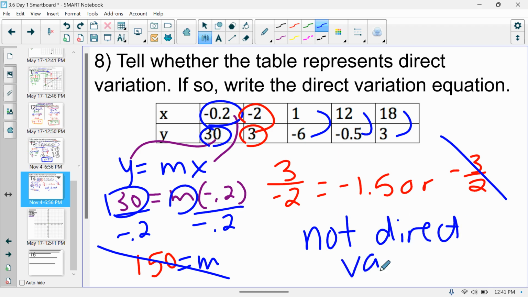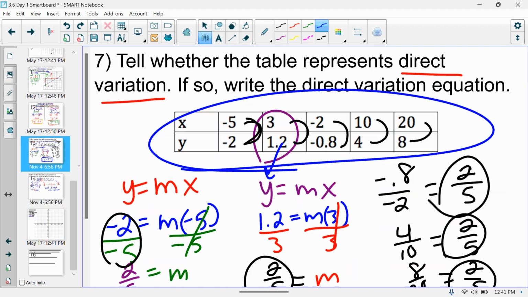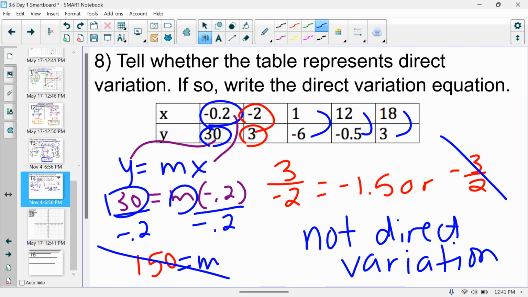Because again, if we go back to the last one, that constant of variation is what it's called. That 2/5 that we got every single time, that's what makes it direct variation. We didn't get the same thing this time, so it's not direct variation. Okay, questions on that one at all?